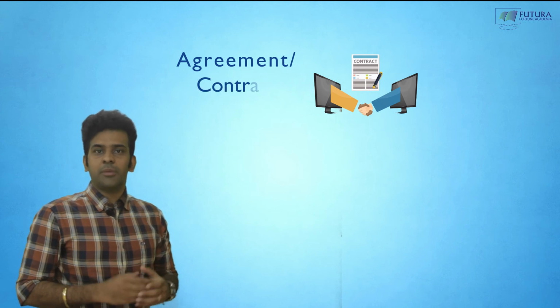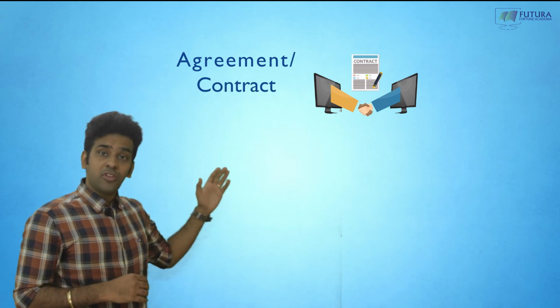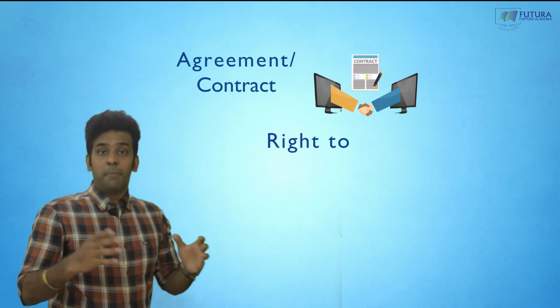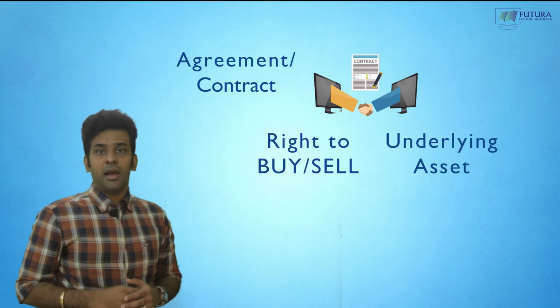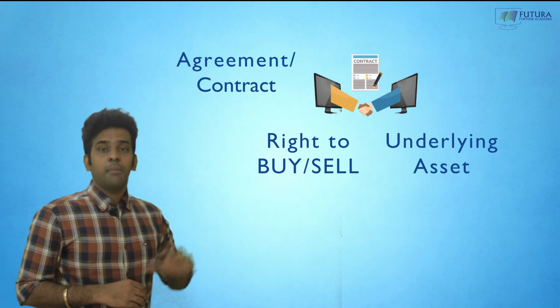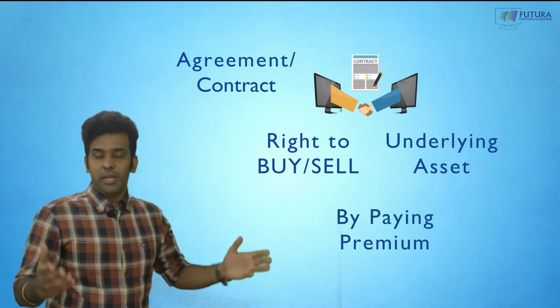So just to summarize what we have learned right now, an option is an agreement or a contract between two parties where the buyer of the option gets the right to buy or sell an underlying asset for a fixed price and for a stipulated period of time by paying an upfront fee or premium.